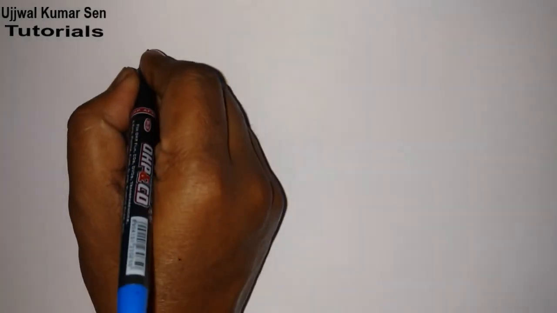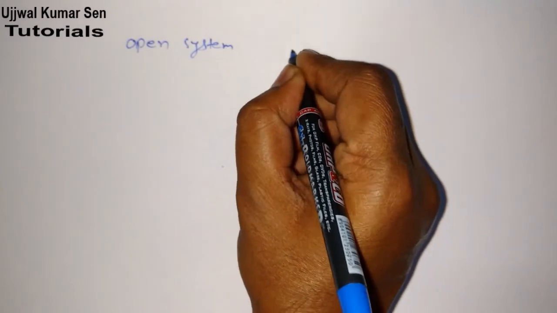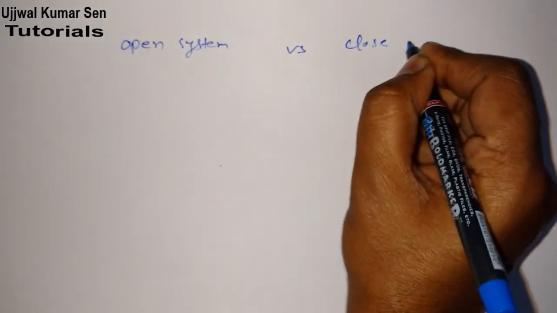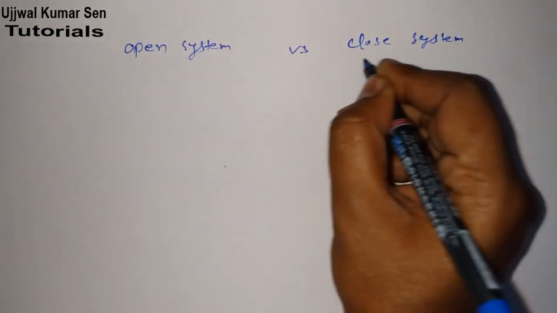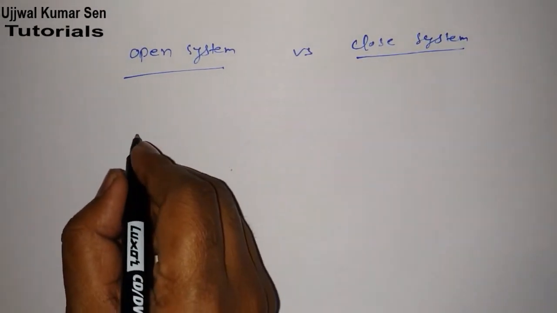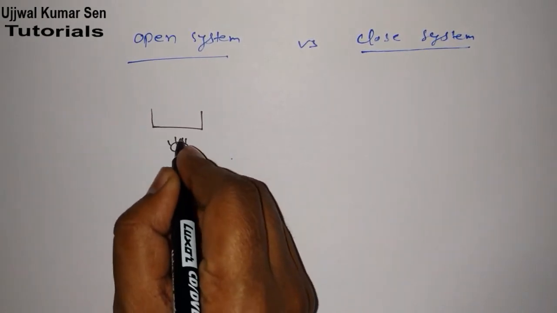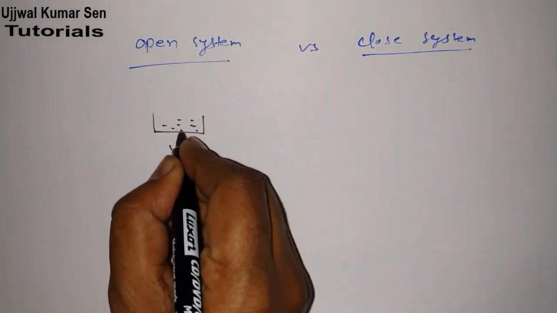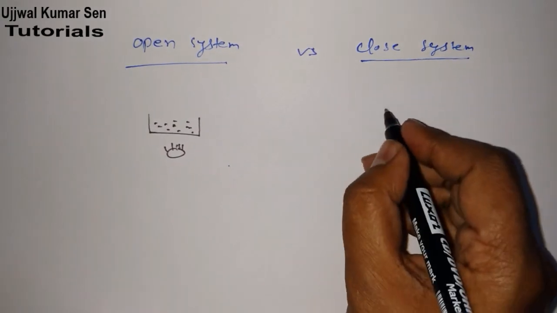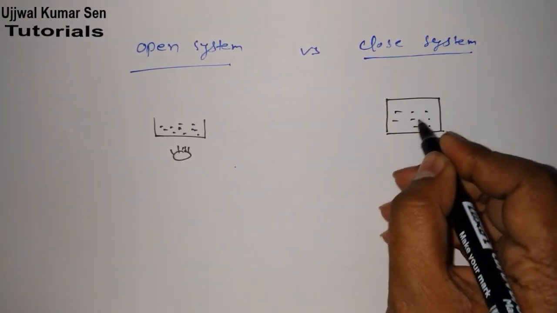So open system versus closed system. Let's understand this practically. Suppose that there is a saucepan, and you are giving heat to this saucepan. We have water in this saucepan, and suppose that there is also a closed pack and we have water inside.